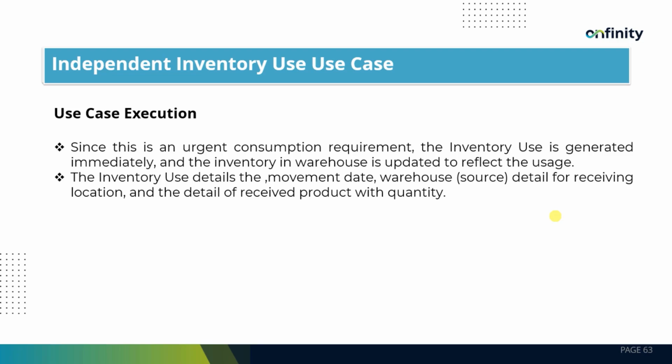This allows users to have visibility into internal inventory movements and ensures that resources are available for critical projects. Now that we have covered the concept of independent inventory use and its purpose, let us move into the Onfinity system to see step by step how an inventory use transaction can be created and processed.